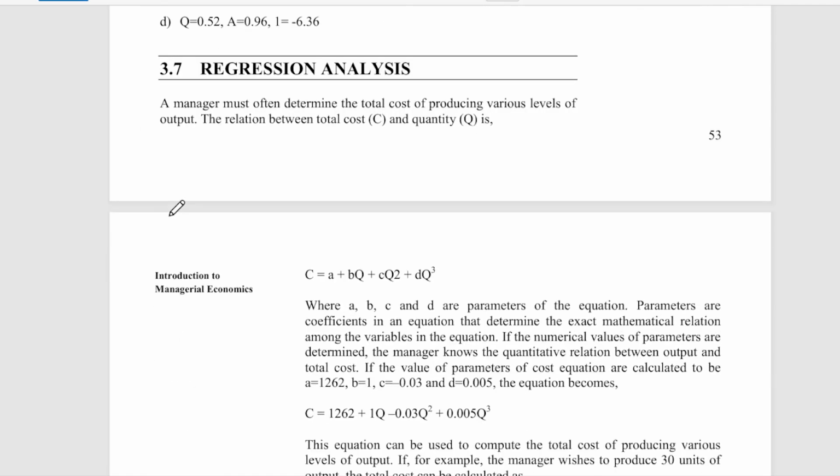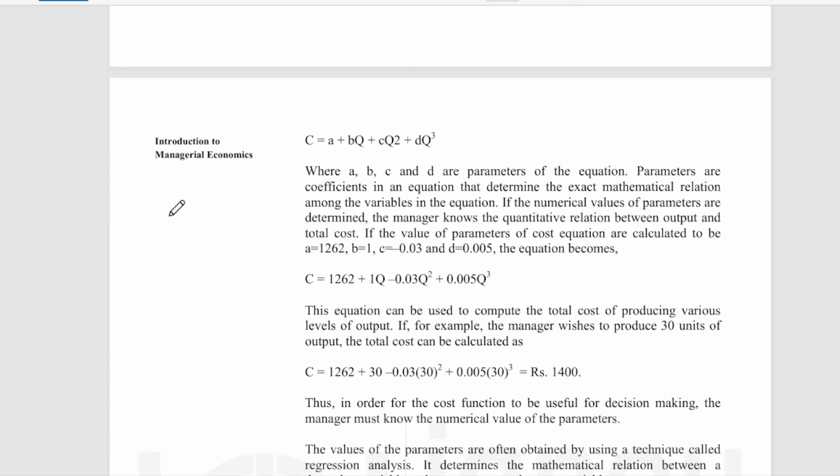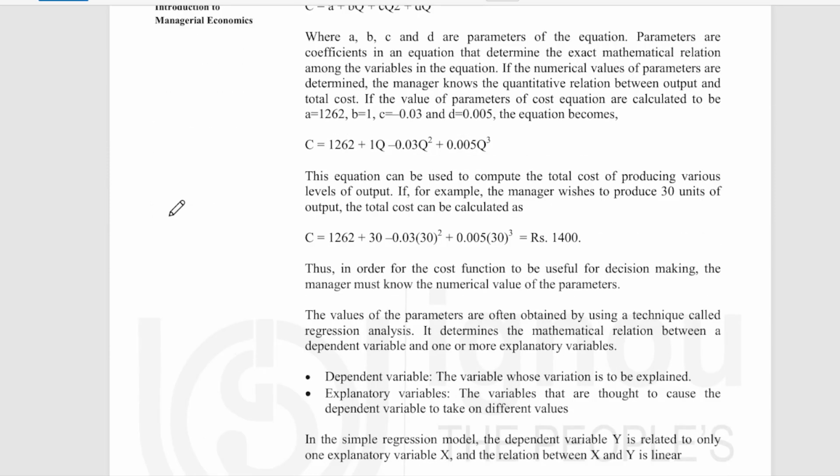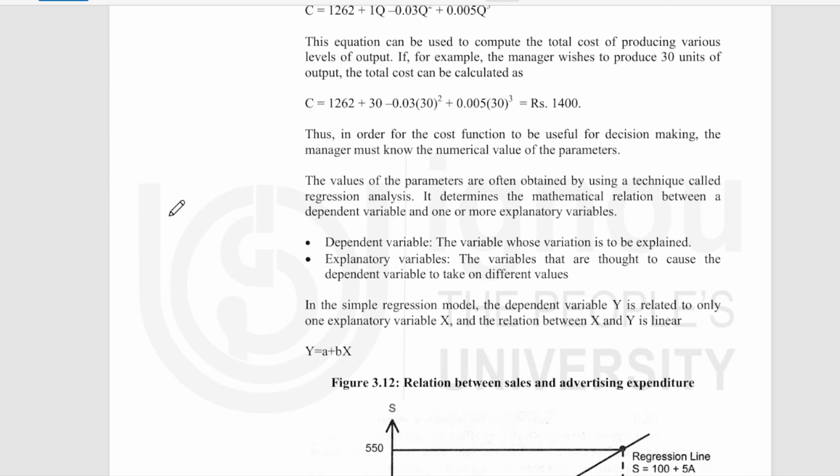And regression analysis. What is regression analysis? A manager must often determine the total cost of producing various levels of output. The relationship between the total cost, that is C, and quantity Q is C equal to A plus BQ plus CQ squared plus DQ cubed. So that is the equation for C. The values of the parameters are often obtained by using a technique called regression analysis.